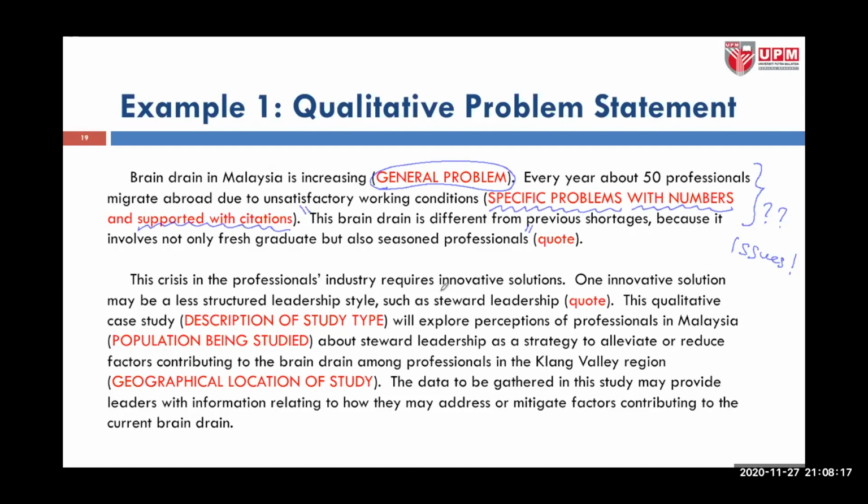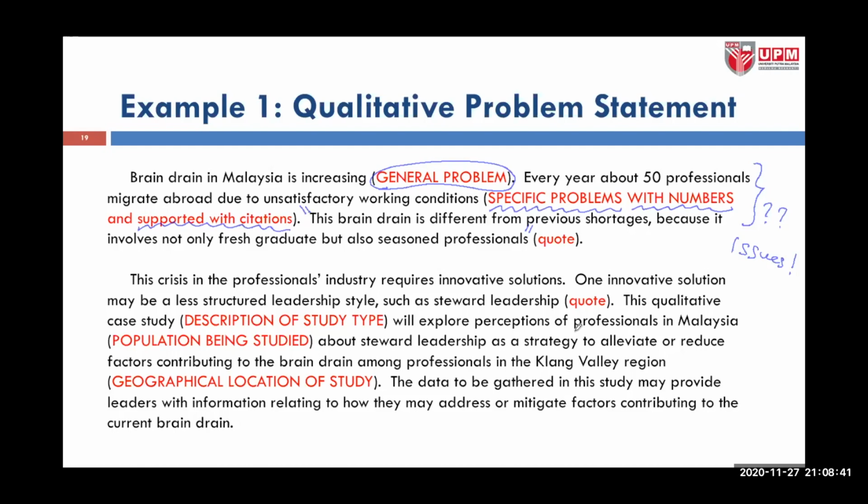So you are saying that there's a way of trying to solve it, and one solution may be a less structured leadership style such as steward leadership. Okay, so this qualitative case, a description of the study type, will explore perceptions of professionals in Malaysia.